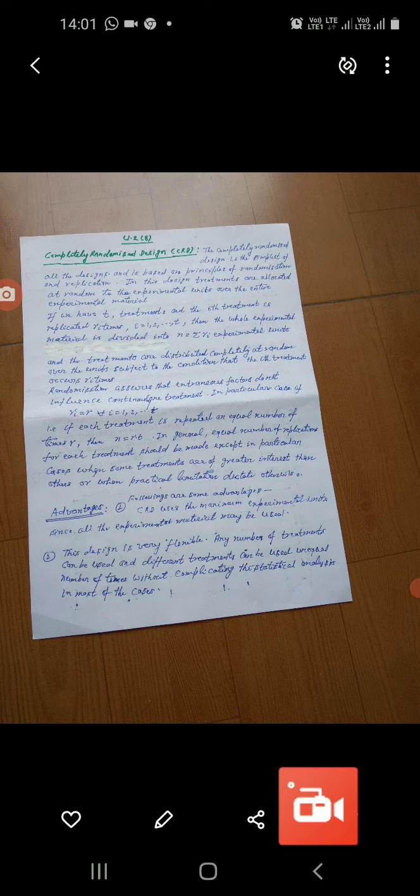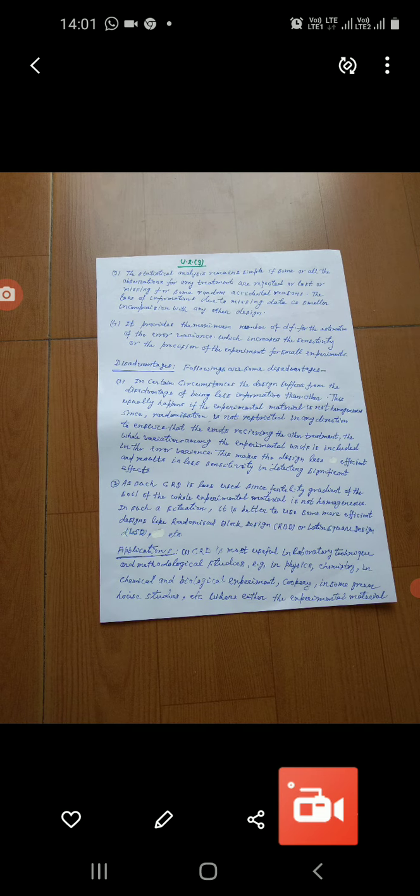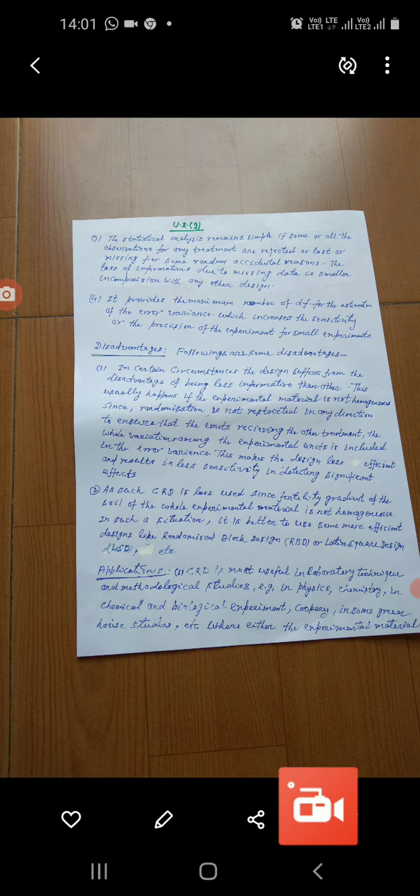Means any number of treatments and replications may be used, and the statistical analysis will not be complicated in any case.